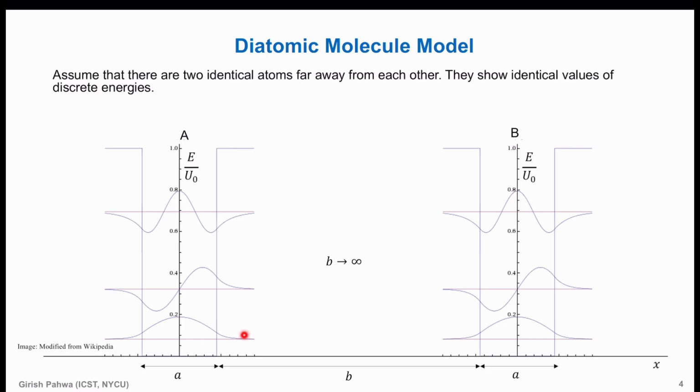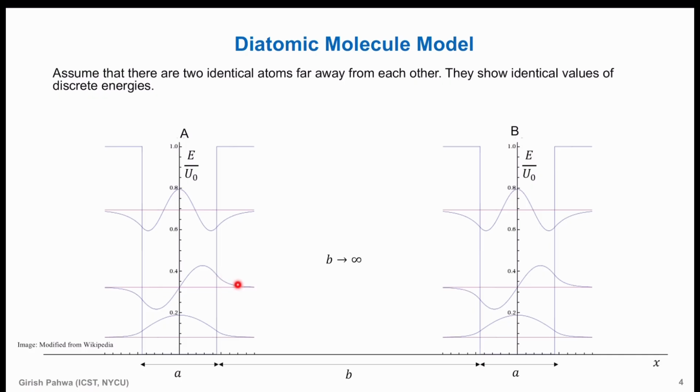And similarly here, as you go higher and higher in energy, you can see that the extent of this decay keeps spreading more. So this spread is larger than this. This spread is even larger than this as you are going higher and higher in energy.